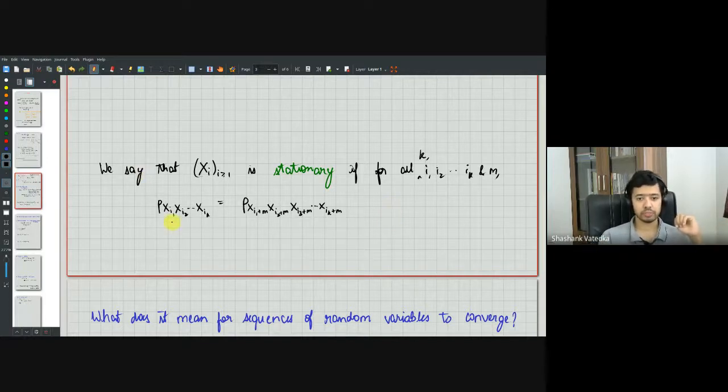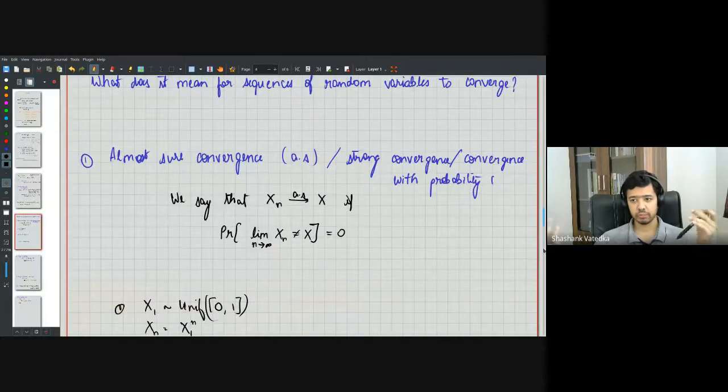So the distribution of x_i1, x_i2 up to x_ik is the same as the distribution of x_{i1+m}, x_{i2+m}, x_{i3+m} up to x_{ik+m} for every shift m. Right? So this is what we mean by a stationary sequence, and this is essentially a stationary random process which you would have studied in your course on random processes. So given any such random process which is stationary or IID or Markov, we want to know what it means for the sequence of random variables to converge.